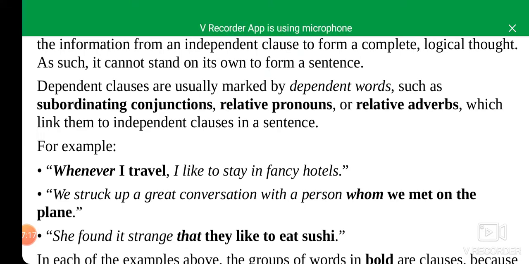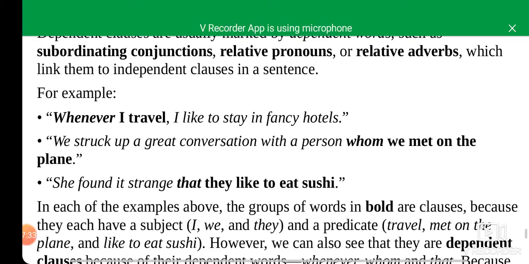All dependent clauses are usually marked by dependent words such as subordinate conjunctions, relative pronouns, or relative adverbs, which link them to independent clauses in a sentence. Whenever I travel. Whenever shows the time, so it's a relative adverb. Whenever I travel, now whenever you travel, what happens?